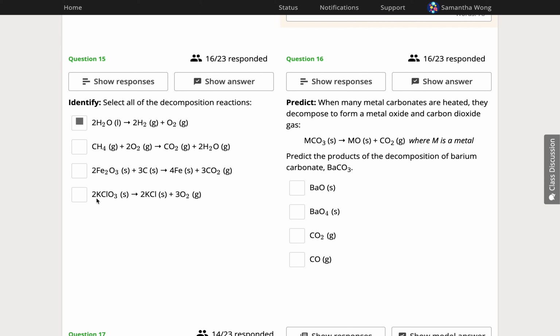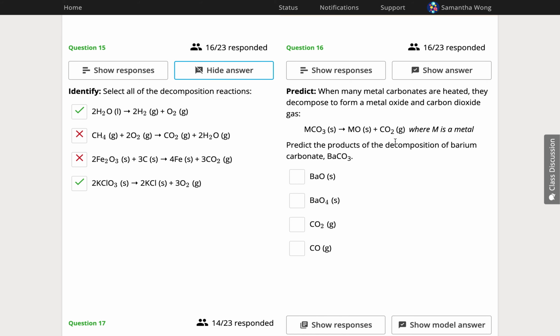The last response, you've got 2 molecules of KClO3 solid, which breaks down or it reacts to form 2 lots of KCl solid plus 3 O2 gas. This is also a decomposition reaction because you're going from one reactant to multiple products. So I'll just show the answer here.